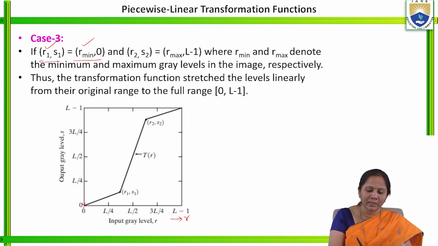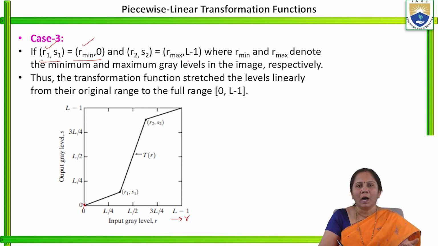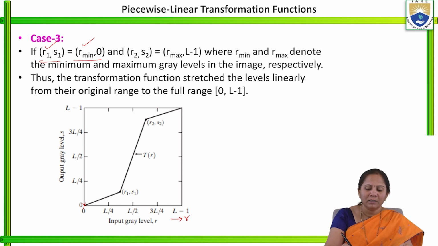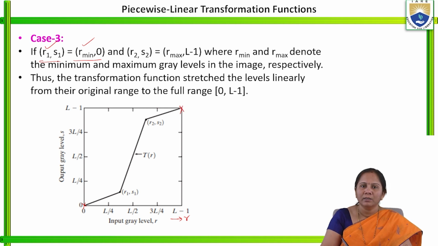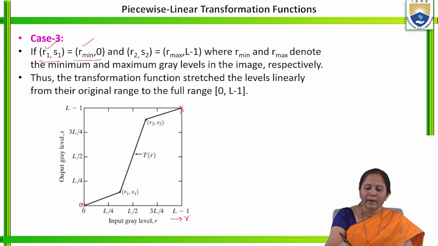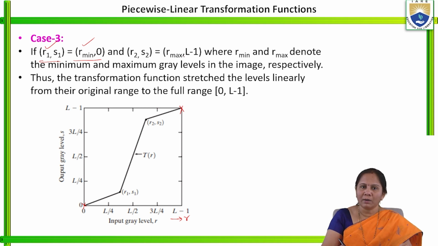So we can have here at this point S1 is 0. And next, R2 and S2 will be R maximum and L minus 1. So here this is the L minus 1 point, and R2 is equal to R maximum. Again we will get the value of R2, which is R maximum.